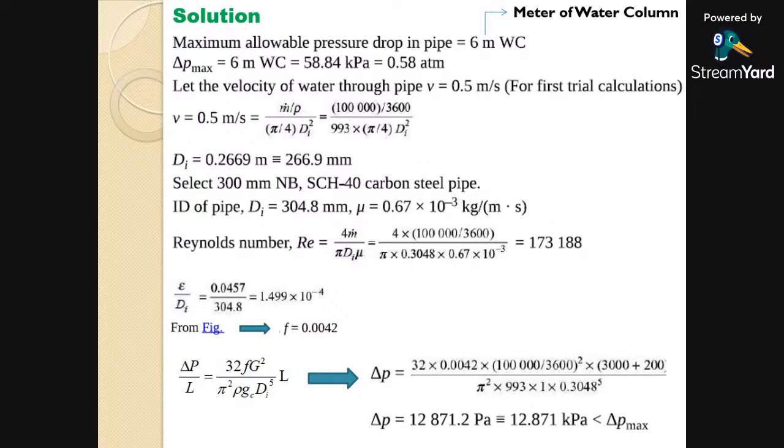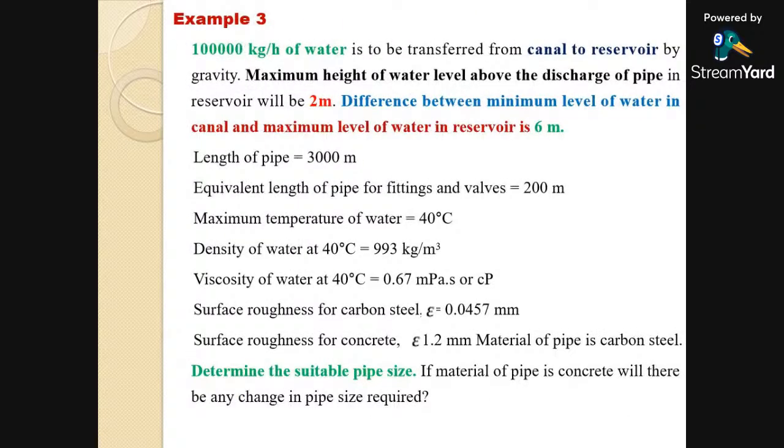And in this numerical, the total length of the pipeline is given as 3000 meter, whereas the equivalent length of the fittings is given as how much? It is 200 meter. Okay, it is provided with the problem statement also. So 200 meter is the equivalent length of the pipe fitting, and this is the problem statement.